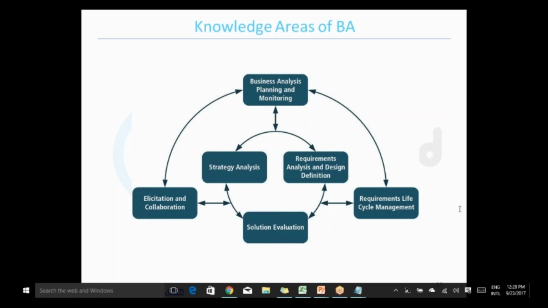IT is there, but you won't be doing coding work or testing work. You would first do your business work, and then comes your IT, like how you would be configuring the system and how your system would be behaving. That part is also there, but first we would cover the business part, and then we would move into the IT part. That would take 1 or 2 lectures. After that it would be completely IT.